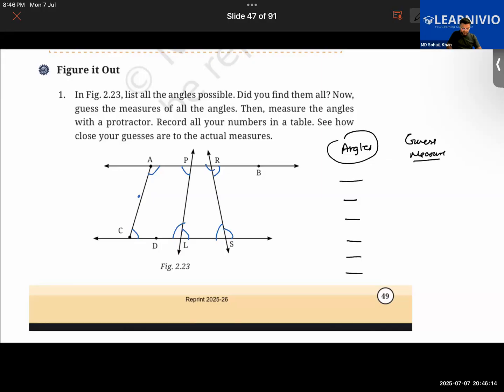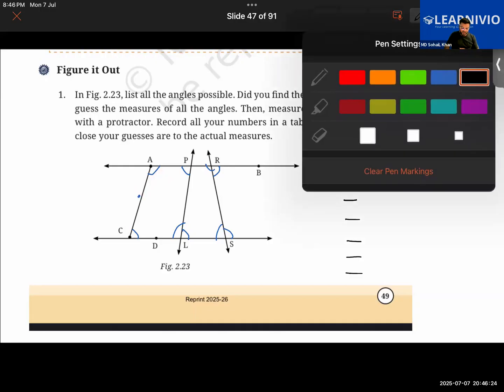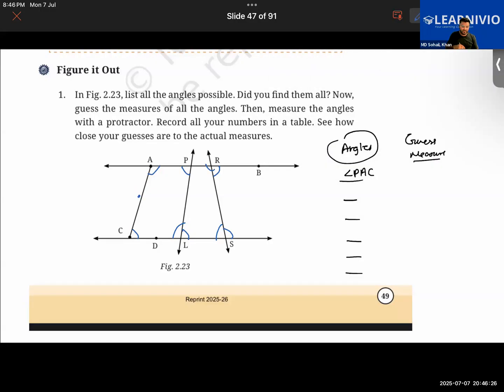Suppose you are talking about angle PAC. Everyone tell me, what could be the guess measurement? What could be the value of angle PAC? 115 degrees, you are saying, okay. While you are saying this, keep this in mind.